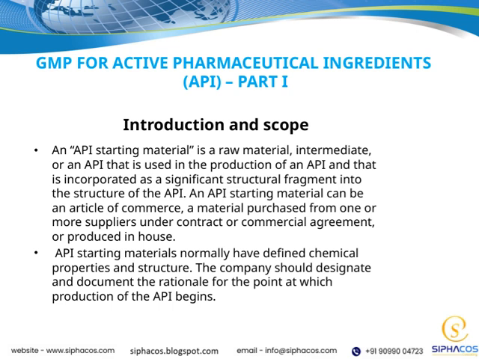Additionally, the company must clearly designate and document the point at which the production of the API actually begins. This is vital for traceability and quality control, and it ties directly into our overall theme of good manufacturing practices, or GMP, which ensure the safety and efficacy of active pharmaceutical ingredients.